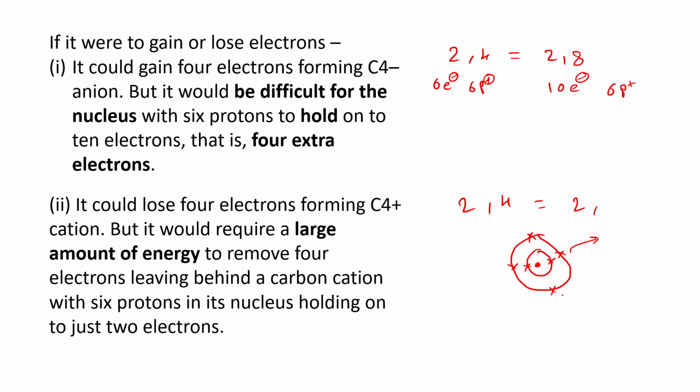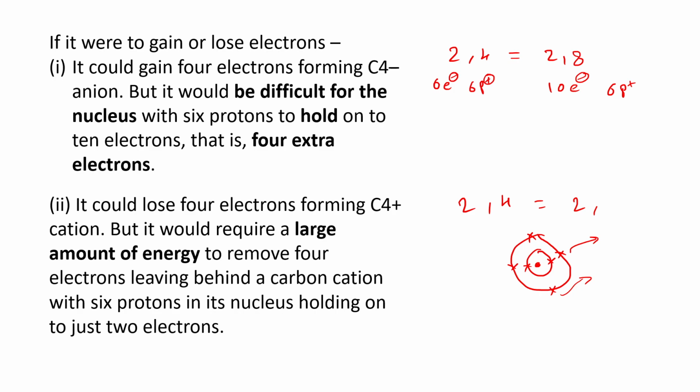If you want to remove 2 electrons, it will require a little bit more energy than the previous one. When you want to remove 3 electrons, much more than that. The 4th electron, much more than that. So if you want to remove all these 4 electrons, it's not easy. It will require a tremendous amount of energy.